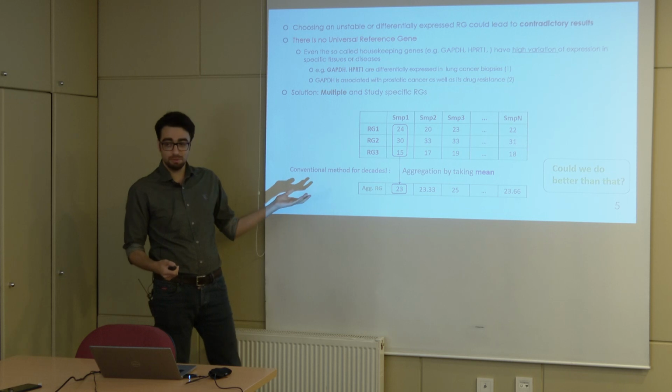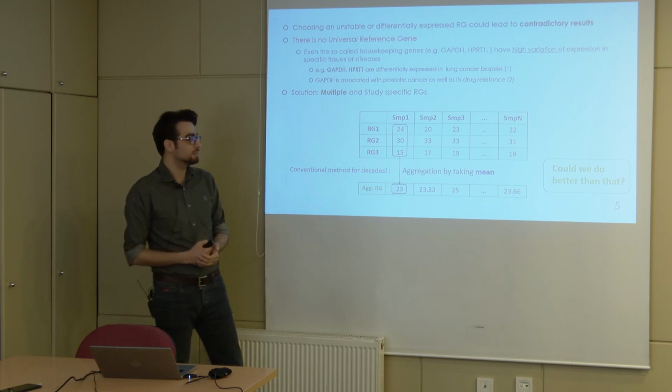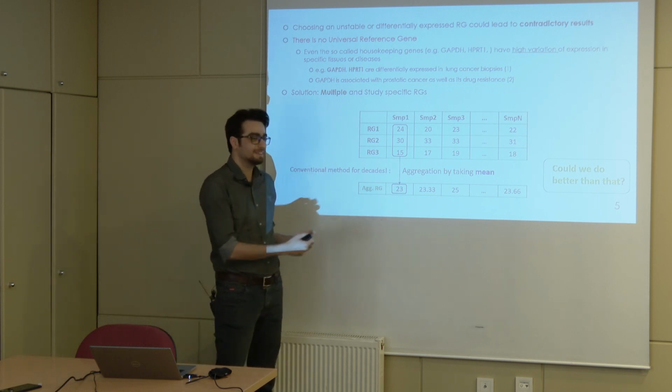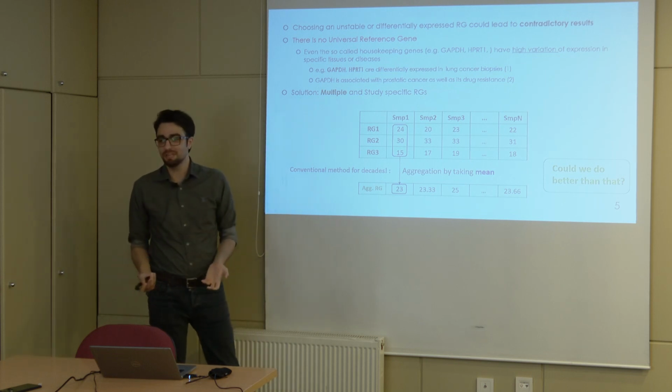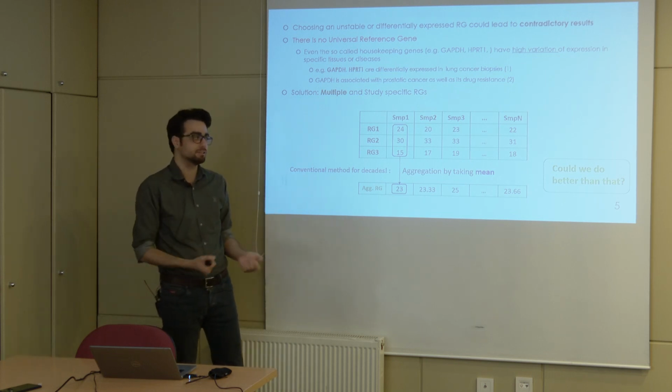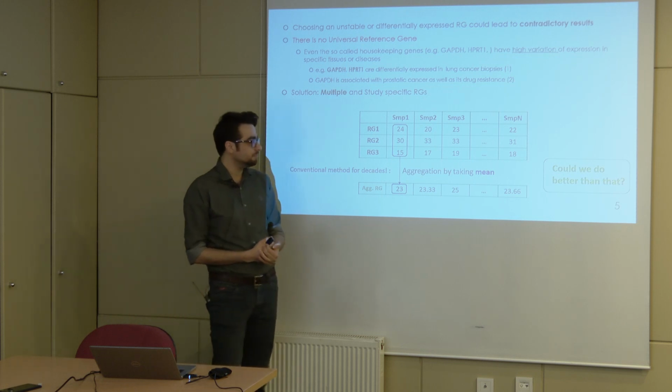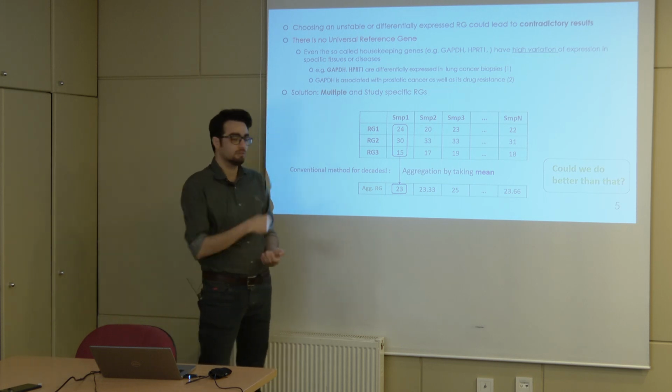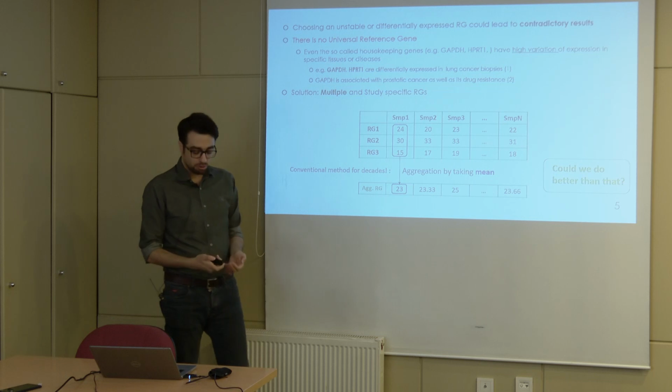So this is the conventional method. For decades it has been used, but no one has questioned whether this is the best way to do this, to just take an average of our reference genes. So could we do better?